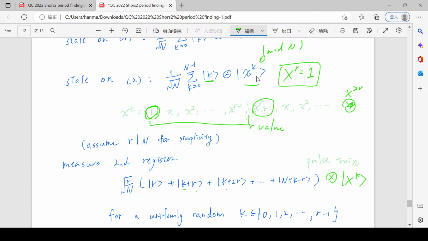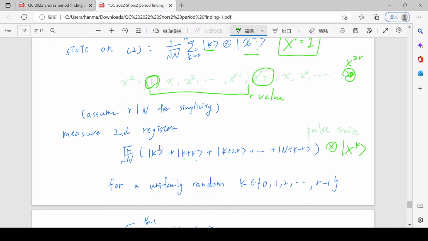So doing this measurement, we collapse the first register into something very structured. You are going to get a whole bunch of computational basis states that have this exact period. All of them differ by r, because you have this period r.